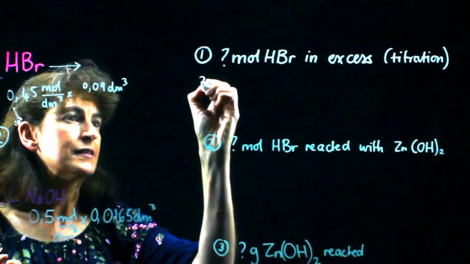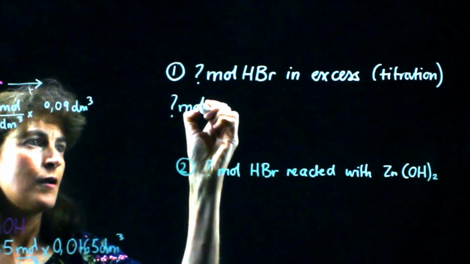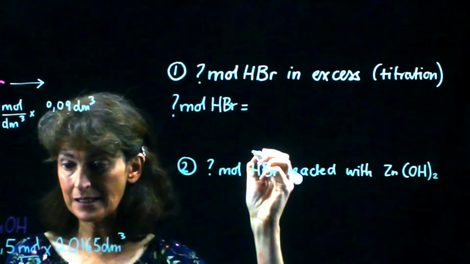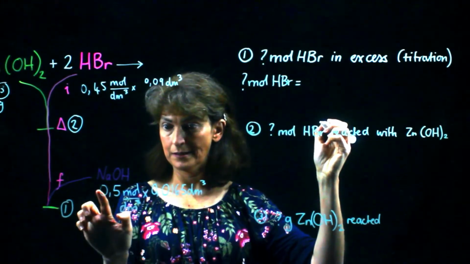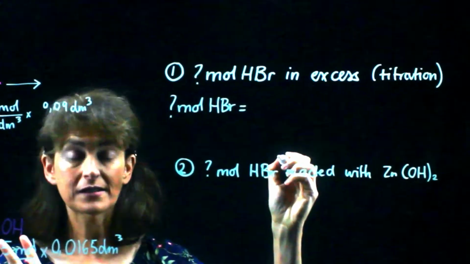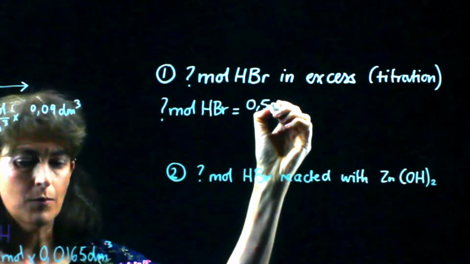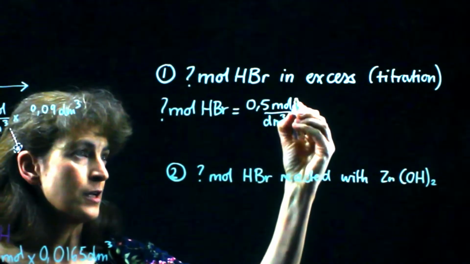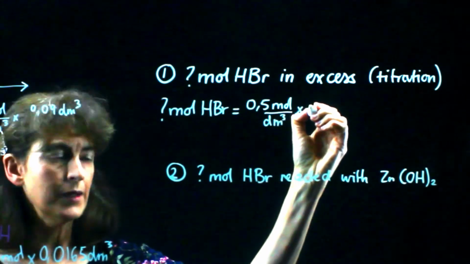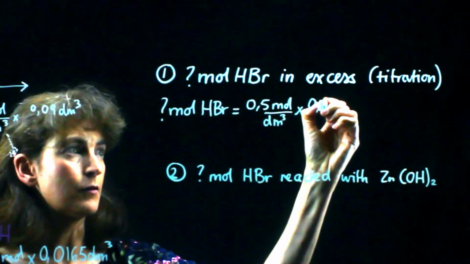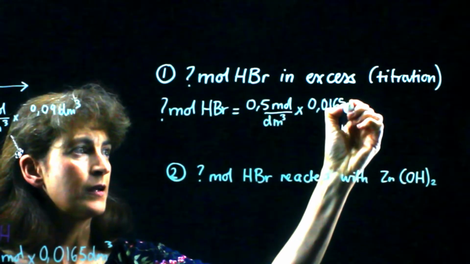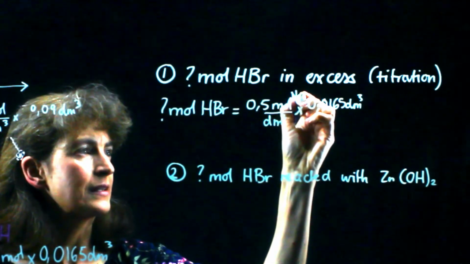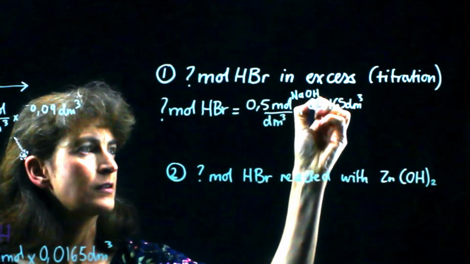So our question is, how many moles of hydrogen bromide must have reacted with this amount of sodium hydroxide? 0.5 moles per decimeter cubed of sodium hydroxide of volume 0.0165 decimeter cubed, and you should write in what we're speaking about, sodium hydroxide.